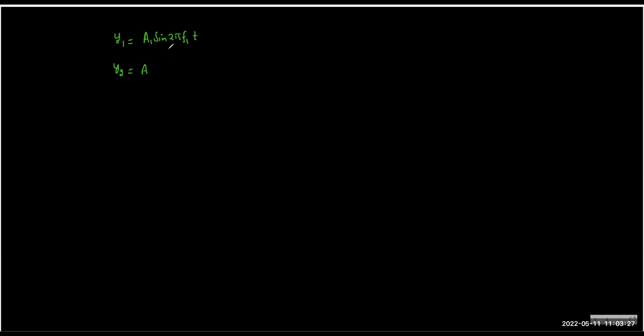Let's keep it a only, so we are keeping the amplitude the same. f1, f2 are not varying much, so they are roughly the same. The resultant wave will be the sum of wave 1 plus wave 2. We can take a common.